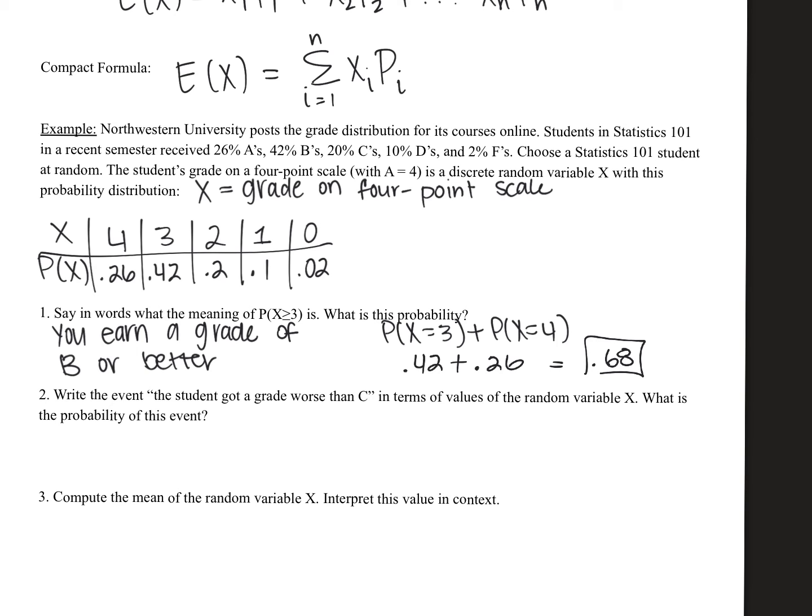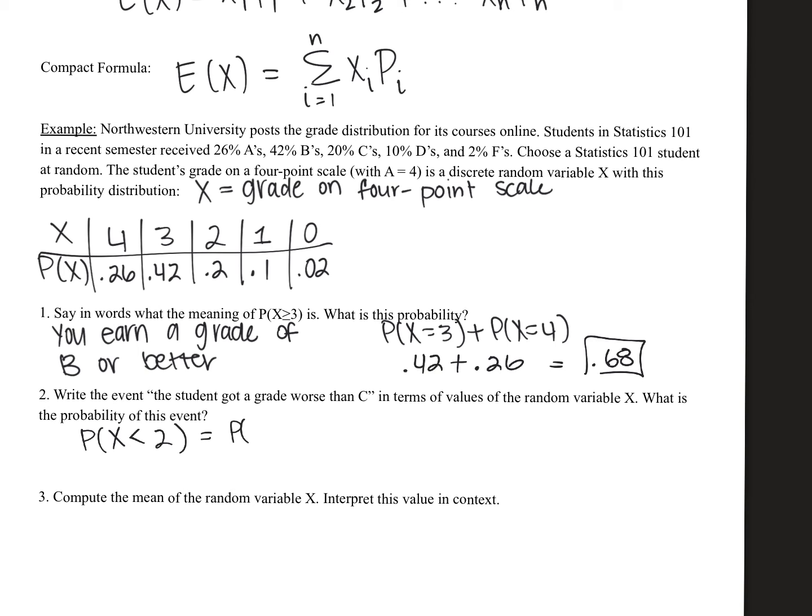Write the event the student got a grade worse than C in terms of values of the random variable X. What is the probability of this event? If you got a grade worse than C, it means that you got below a 2. It does not say that you got a C, so we are saying strictly less than 2.